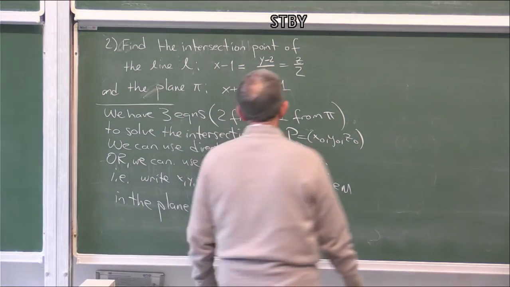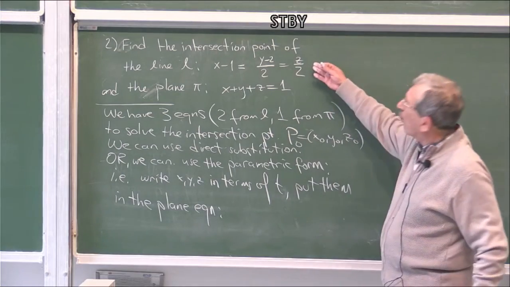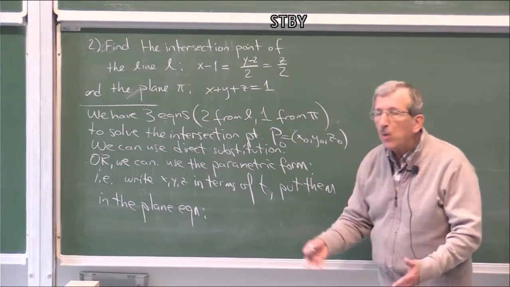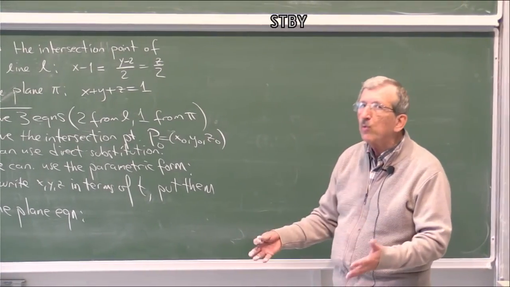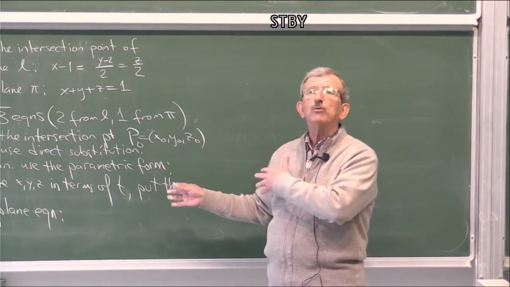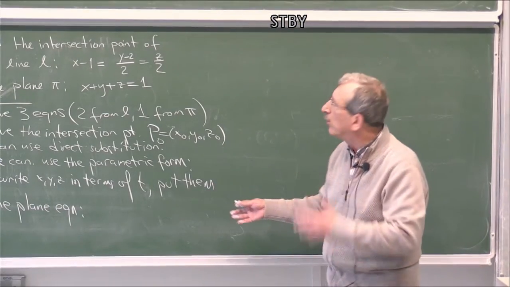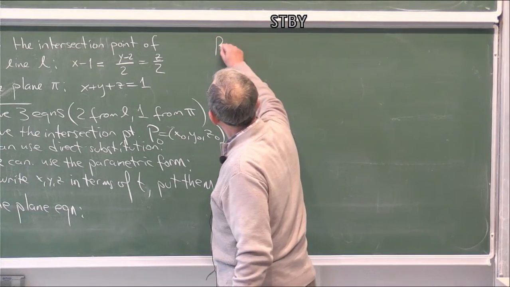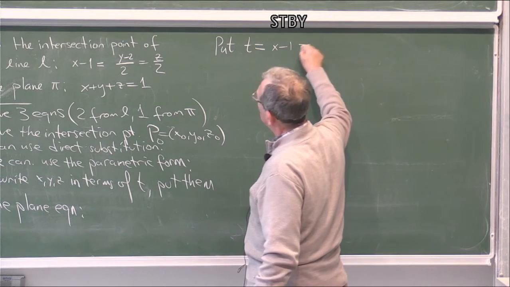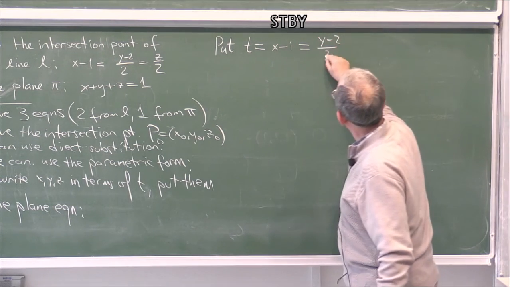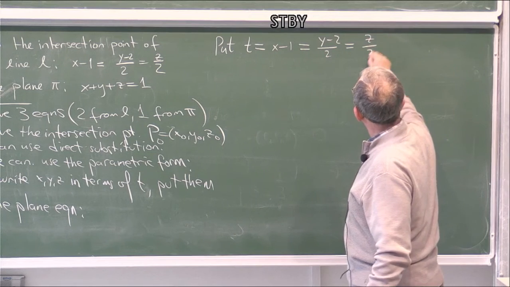Let us do it. Well, the symmetric form is given. So we need to parameterize it. The standard way was, say t is equal to each of them. So put t equal to x minus 1, which is y minus 2 over 2, which is z over 2.